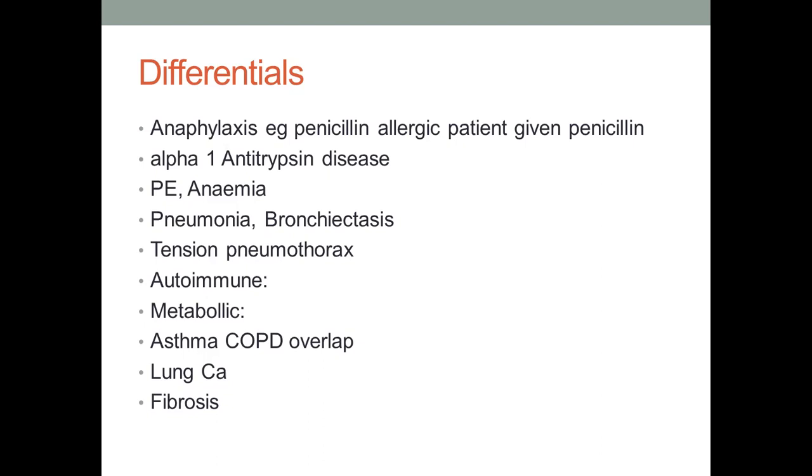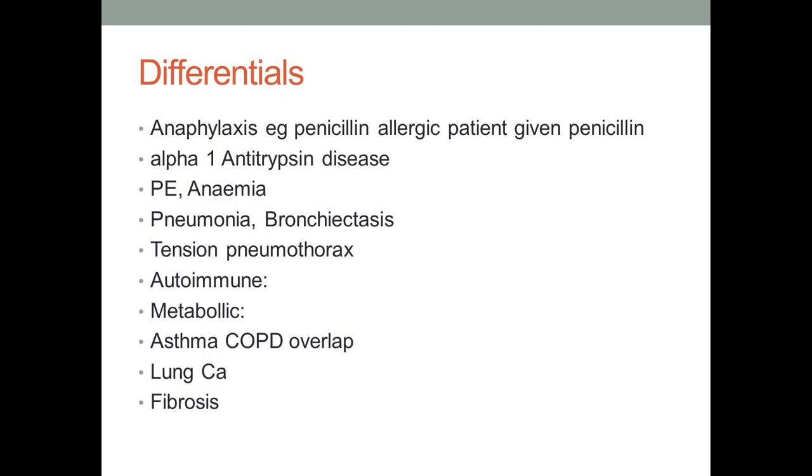So ruling out anaphylaxis is important. Alpha 1 antitrypsin disease is another differential of asthma, which can be ruled out by lung function test. In asthma, there will be reversibility, but in alpha 1 antitrypsin disease, there will not be any reversibility. So this is an irreversible disease.